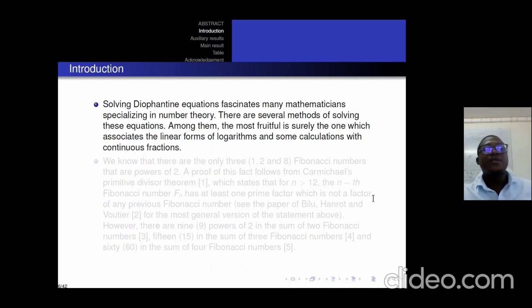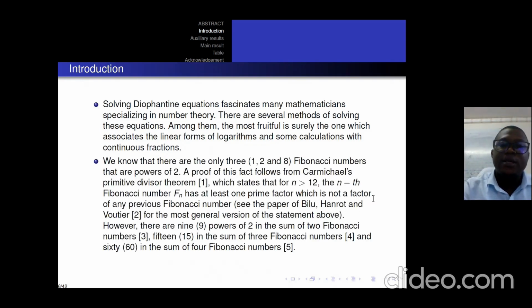As an introduction, we know that solving Diophantine equations fascinates many mathematicians specializing in number theory, and there are several methods of solving those equations. Among them, the most fruitful is surely the one which associates linear forms in logarithms and some calculation with continued fractions.